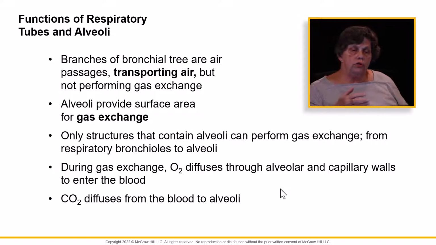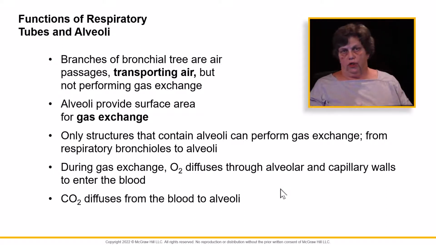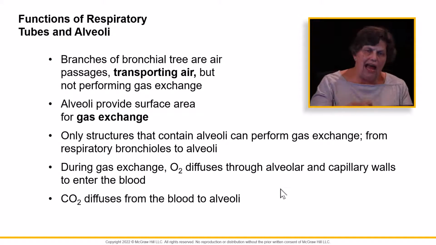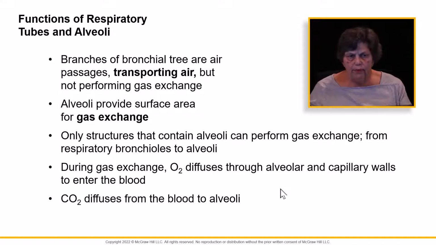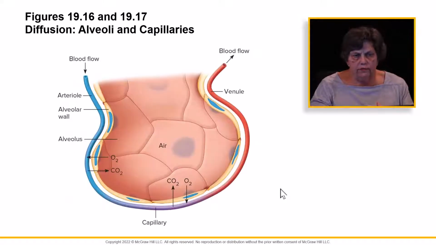Only structures that contain alveoli can do the gas exchange, and it's done across a very, very tiny membrane. During this gas exchange, O2 is going to diffuse from the sac into the blood capillary, and CO2 is going to be exchanged for it. That's what we want to occur.